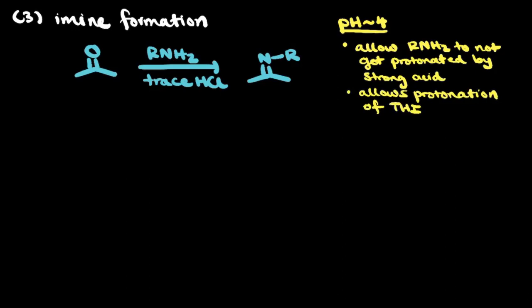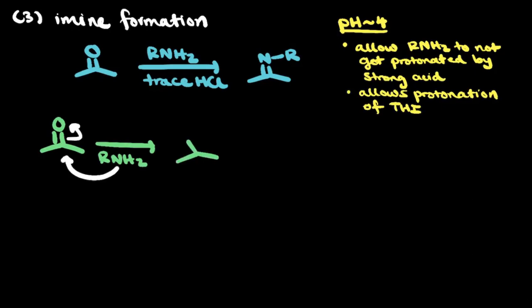Okay, so now for the mechanism, even though we have moderately acidic conditions, we actually don't want to protonate right away because that would sacrifice our amine. So we would start off with our amine and attack straight away. Okay, so attacking straight away like this ends up giving us this intermediate. This is a type of intermediate called a zwitterion.